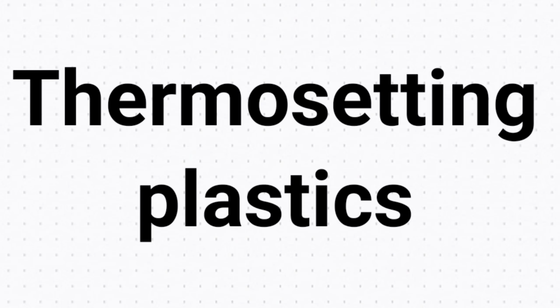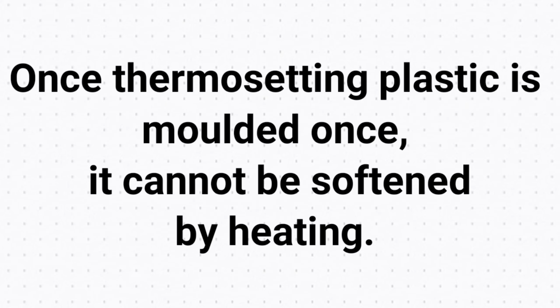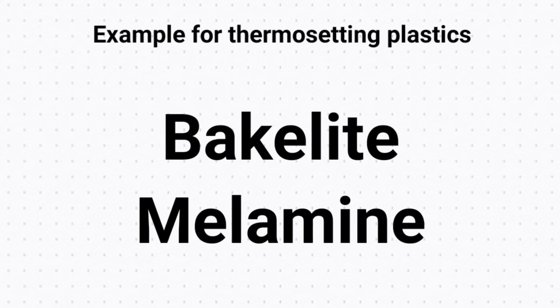Now come to thermosetting plastics, the other kind of plastics. For thermosetting plastics, once an article is made from thermosetting plastics, its shape cannot be changed by heating. Examples for thermosetting plastics are Bakelite and Melamine.